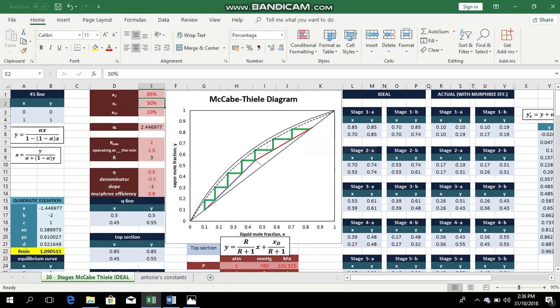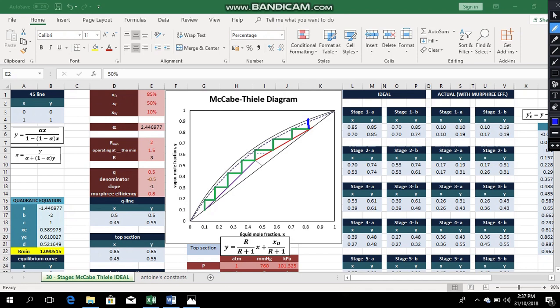This point from 0.85 to 0.85 will reach until the equilibrium line. Write it here, until equilibrium line. If the process is ideal, 100% efficiency, but the efficiency is 80% as given in the problem.